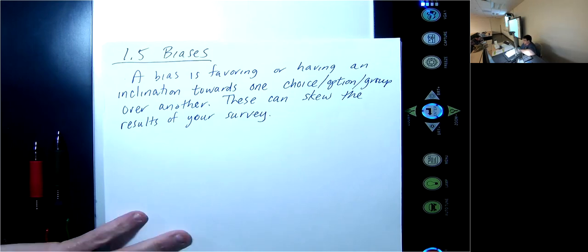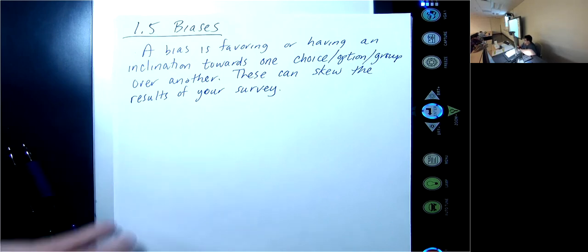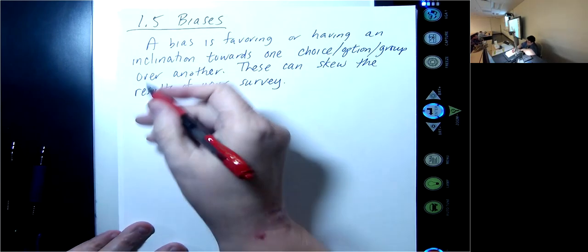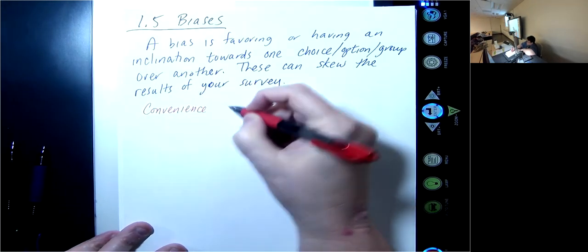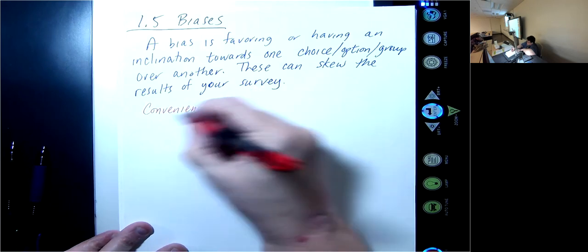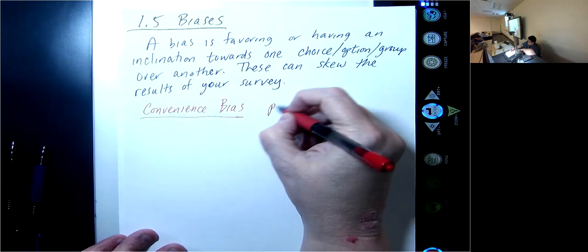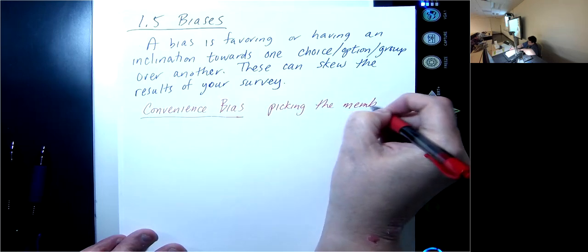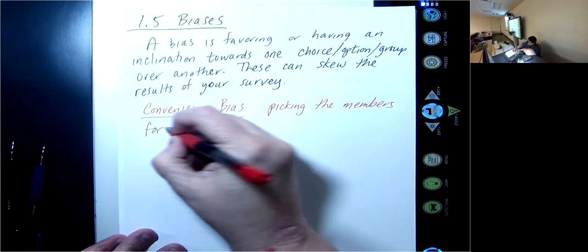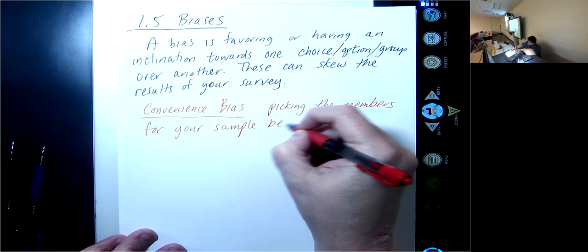So the most likely one that you will commit, and the one that most people commit that you want to avoid at all costs, is called the convenience bias. Picking the members of your group out of convenience, or out of your sample, because it's convenient for you.